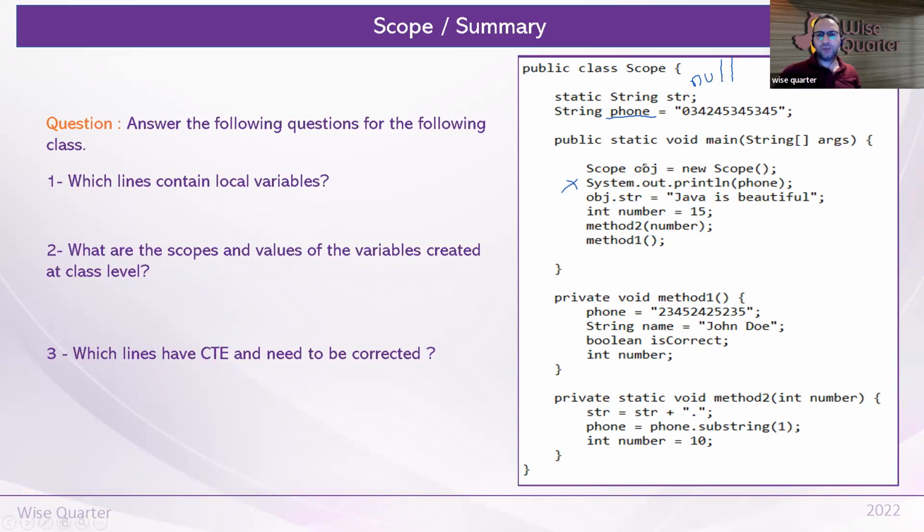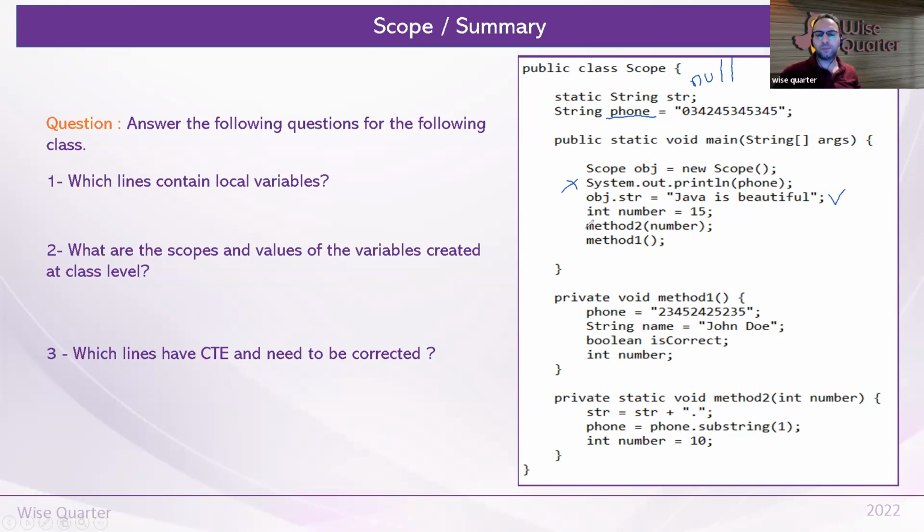What about this one? This is the object we have created before, and we are trying to reach str. Normally, to reach a static variable, we do not need to use object. We can directly print it. But still, we can also use the object. This won't cause any problem. So, we are creating a number, okay.